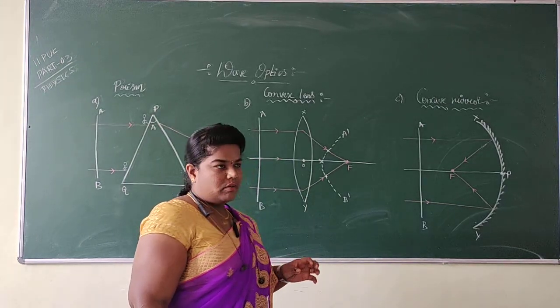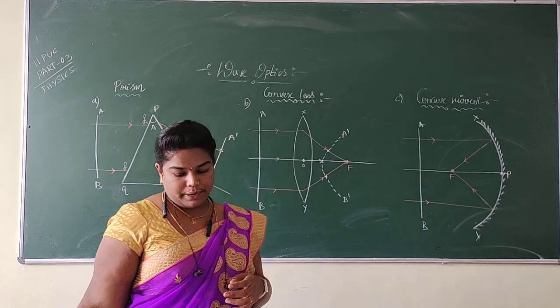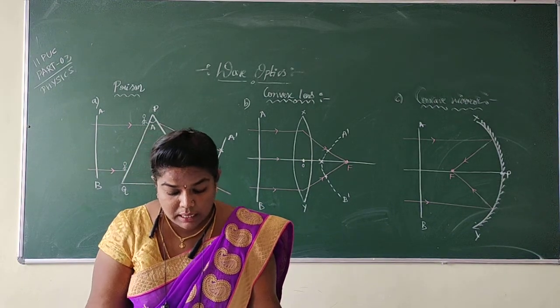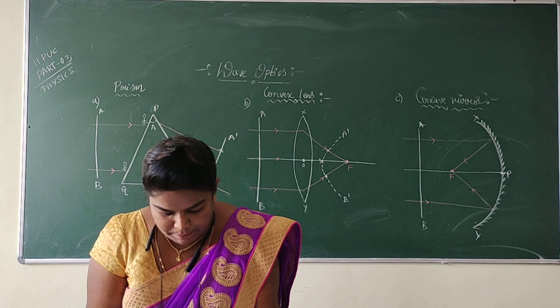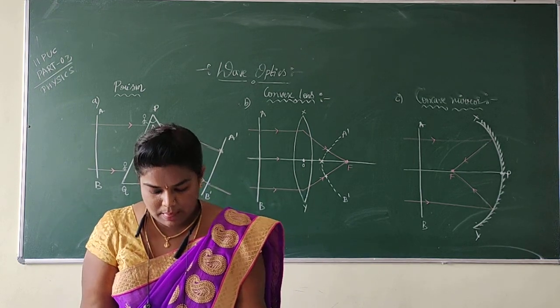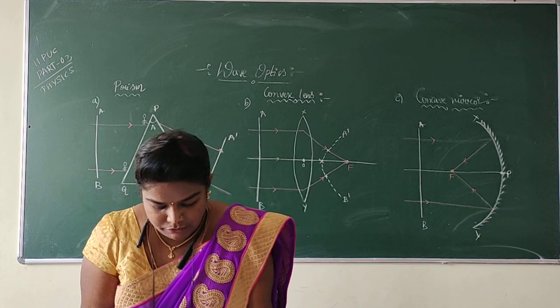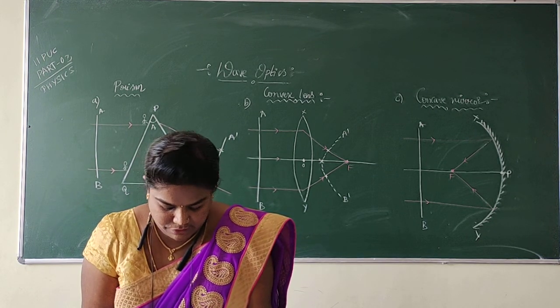I will show it, because if you write it down you will get an idea to explain it. So write down the point: the plane wavefront AB, when it is incident on the concave mirror, the middle of the wavefront has to travel the largest distance to P before it gets reflected.